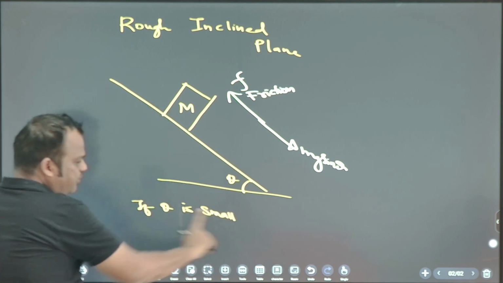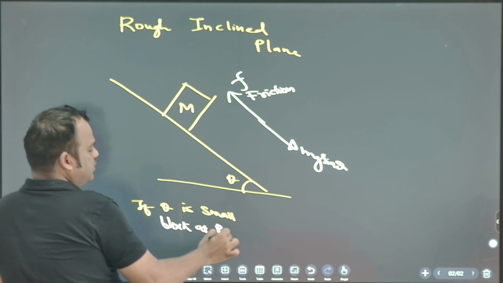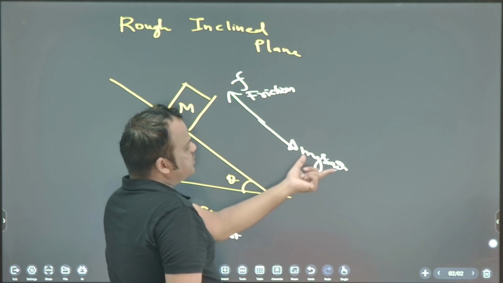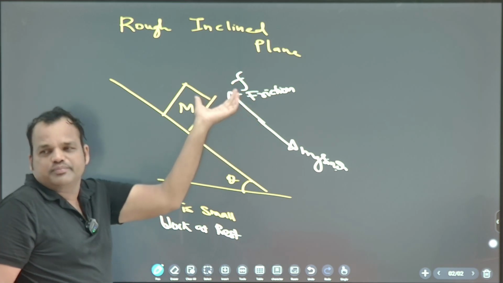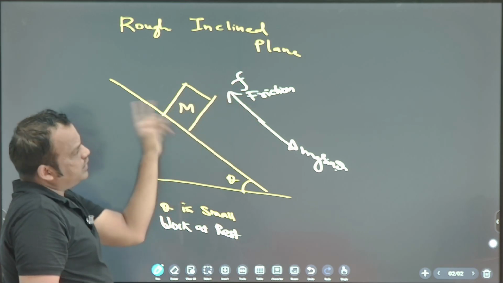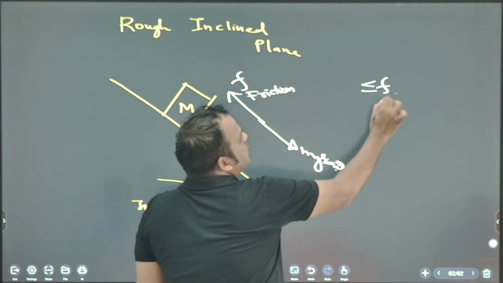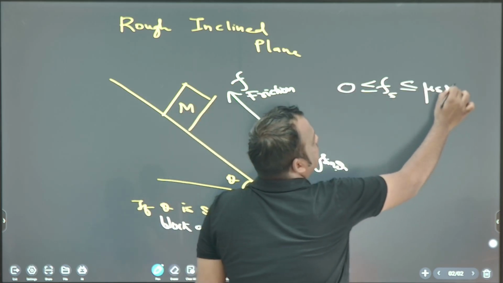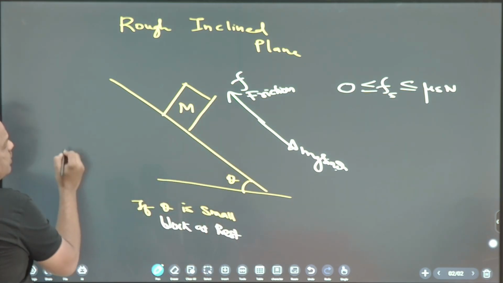If theta is small, the block is at rest. Because when theta is small, mg sin theta is small, so friction is also small. Correct? Because we know that static friction has minimum value 0 and maximum value mu s N. So, for example, we have discussed this.